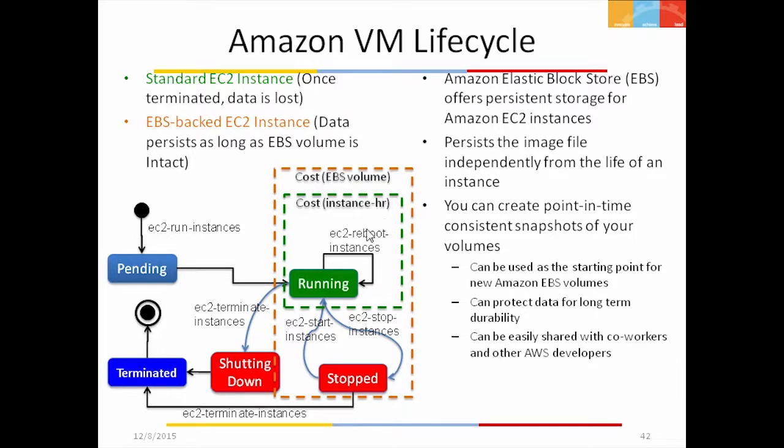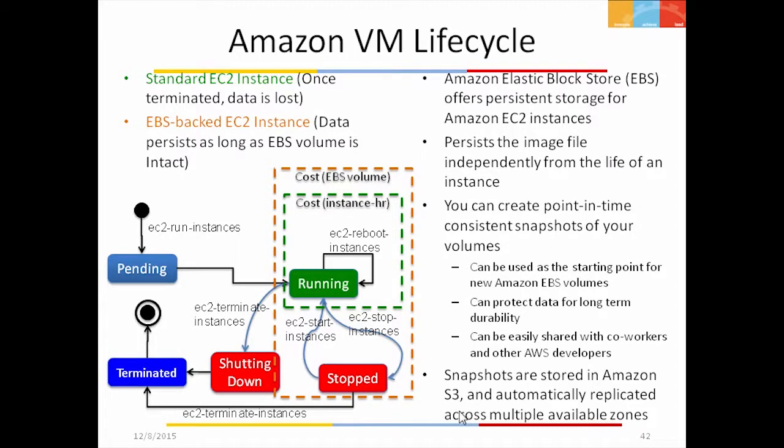So remember that when it is running or rebooting, you have to pay both. When it is stopped, you don't pay for the instance hour, but you pay for the EBS volume. When you terminate, you don't have to pay anything. These snapshots are stored in the object storage, which is S3, and they're automatically replicated across multiple availability zones.